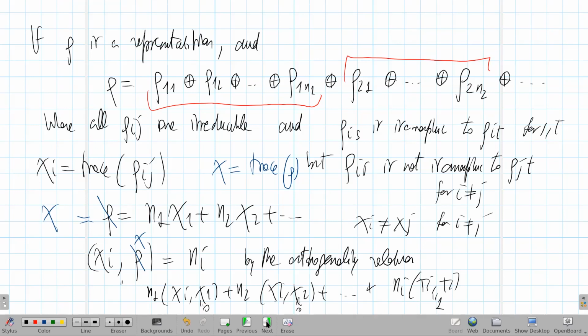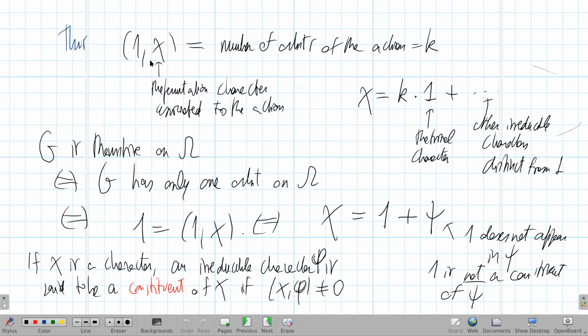So in particular, the number of orbits is this inner product. So this means that chi contains k times the trivial character and then other irreducible characters distinct from one. In particular, G is transitive, meaning that there is only one orbit: you take an arbitrary element of omega, and the elements of G take it to all elements of omega.